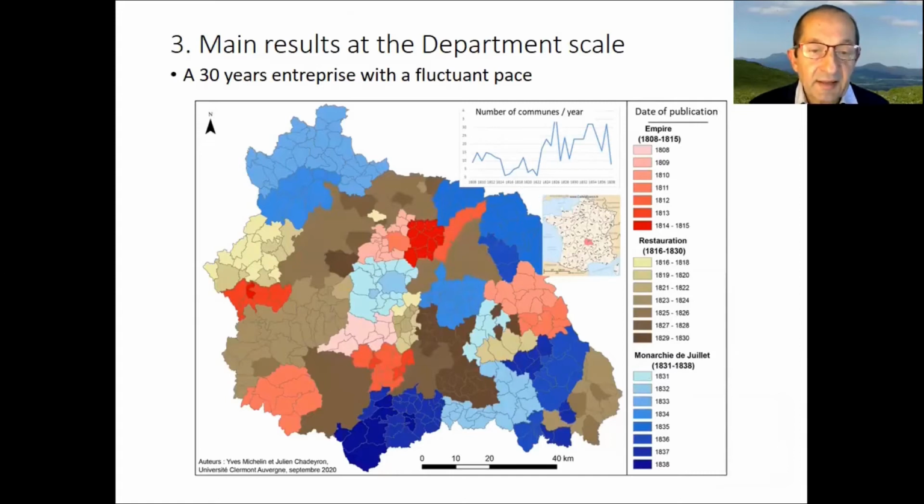So it started in 1808 and it finished in 1838. So 30 years were necessary for covering all this department. And you see that the process was very slow at the beginning and was more active after the middle of the 20s.